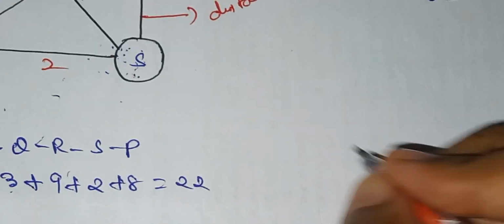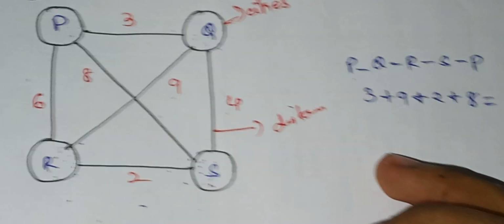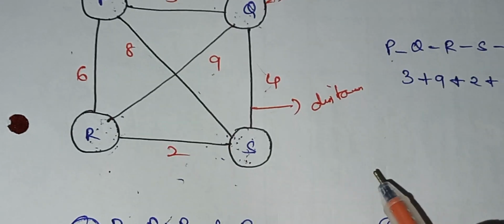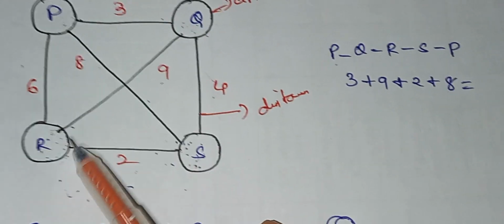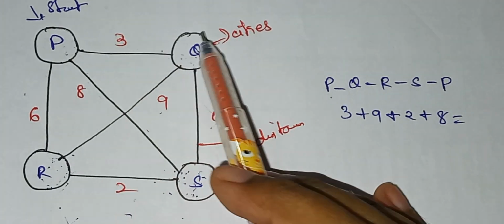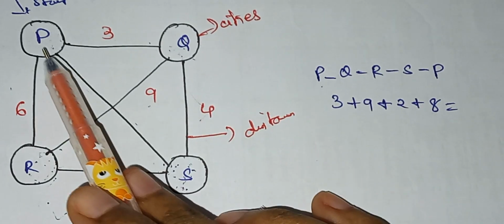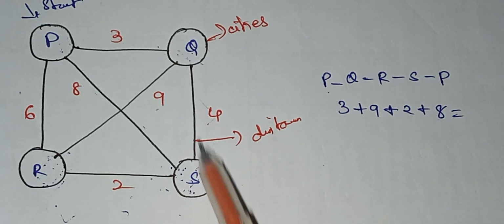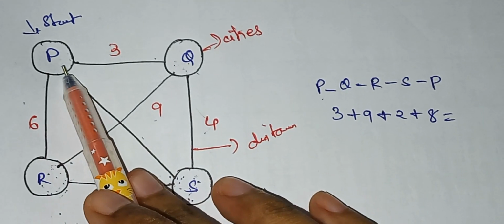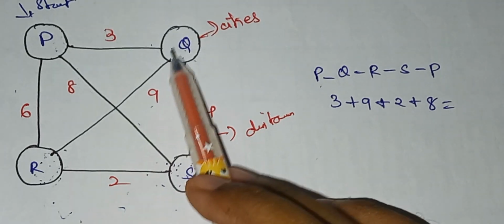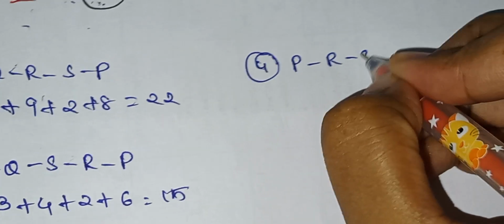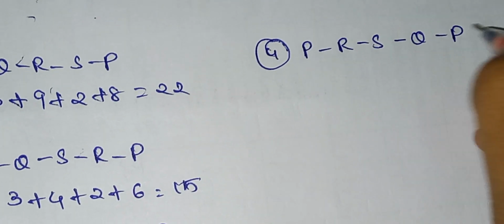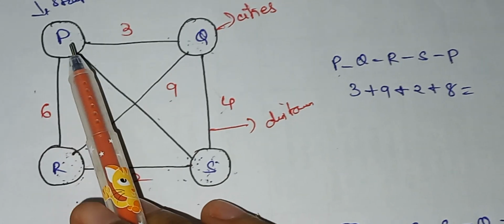Now let us move on to the fourth permutation. We can go like this: P to R, next R to S, next S to Q and Q to P. I'm starting at P, visiting R once, then S once, then Q once, then again P. Let us calculate the cost.